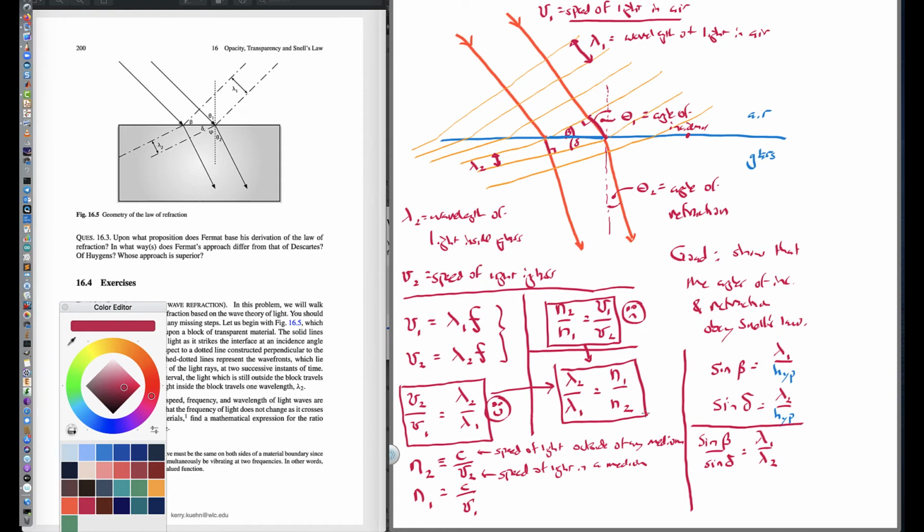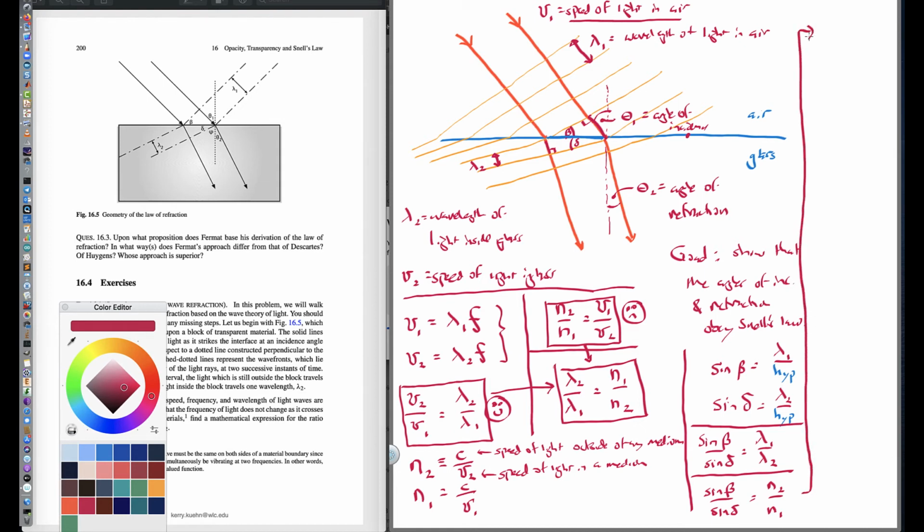And now notice that for lambda 1 over lambda 2, I can use my formula relating the refractive indices. So I can say sine of beta over sine of delta is equal to lambda 1 over lambda 2, which is n2 over n1.